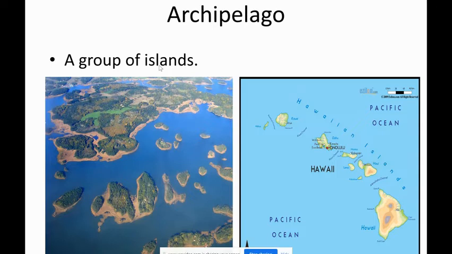Other notable archipelagos are Indonesia, which is probably the largest archipelago in the world, with about 13,000 islands that make up one country. The Philippines, Japan, and the Bahamas are all just a few more examples of an archipelago.